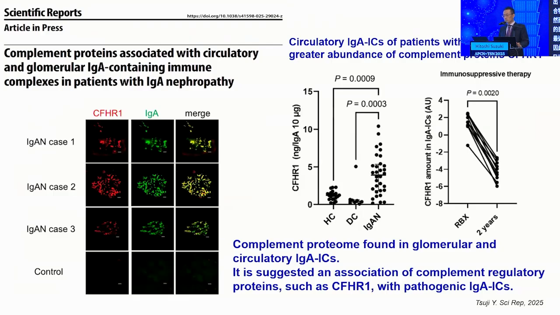After immunosuppressive treatment, this CFHR1 level dramatically decreased. The complement proteome was found in glomerular and circulatory IgA-containing immune complexes. This suggests an association of complement regulatory proteins such as CFHR1 with pathogenic IgA-containing immune complexes.